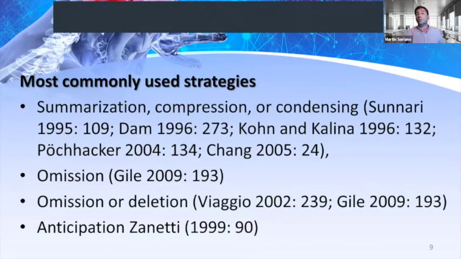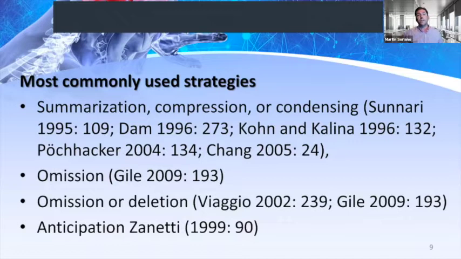The use of omission or deletion helps the interpreter cope with external difficulties such as high delivery rate, high information density, repetition, redundancy, and especially whenever we cannot understand somebody speaking with a strong accent. I have a couple of examples to show you today.